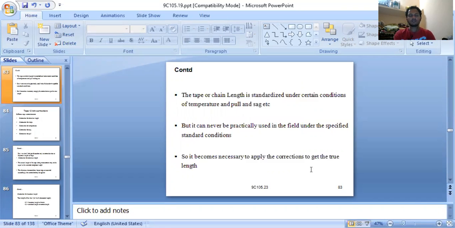So we have to consider these conditions to get the more accurate result. But it can never be practically used in the field means the same pull, the same temperature may not be possible in the standard specified conditions. So it becomes necessary to apply the corrections to get the true lengths.